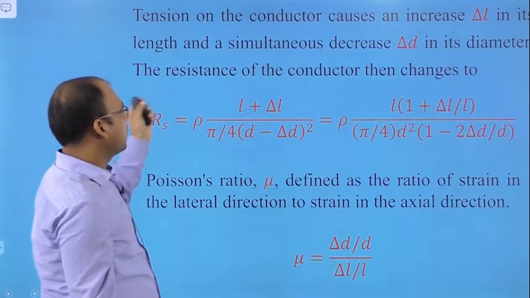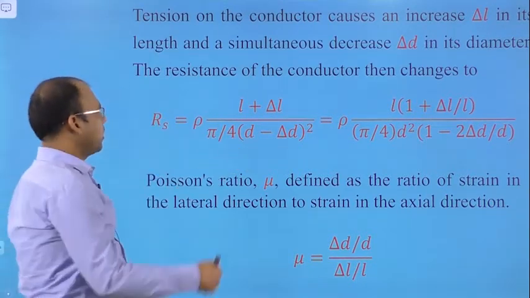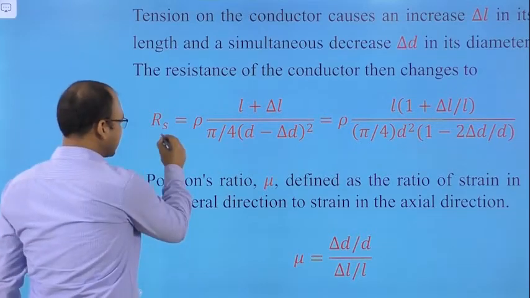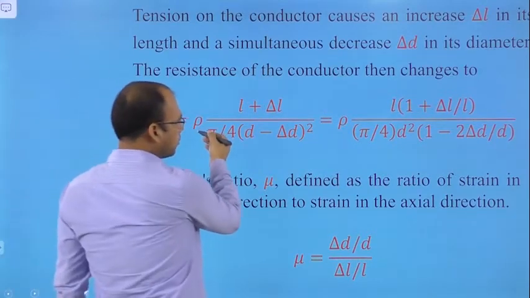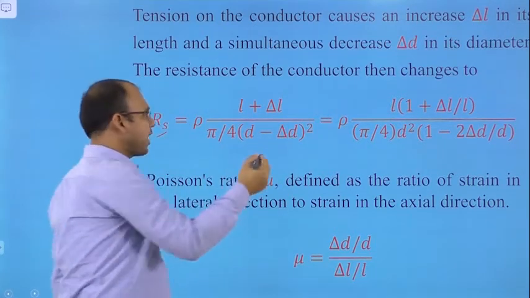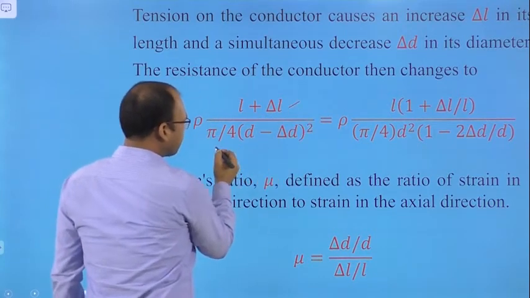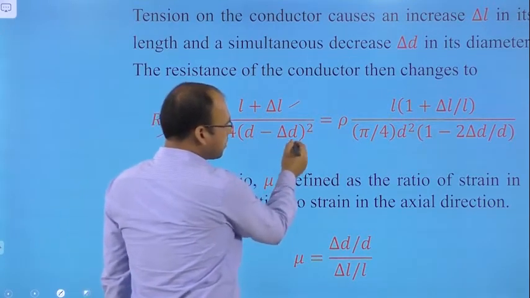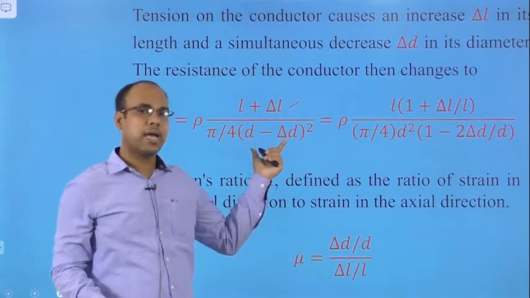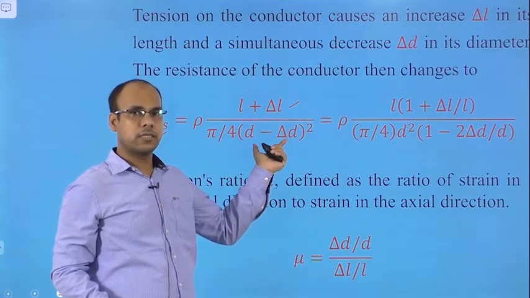The resistance of the conductor, if stress is applied, the total resistance is rho times L plus delta L, because the length becomes L plus delta L, divided by pi by 4 into d minus delta d squared, because if the length increases, the diameter decreases, right?